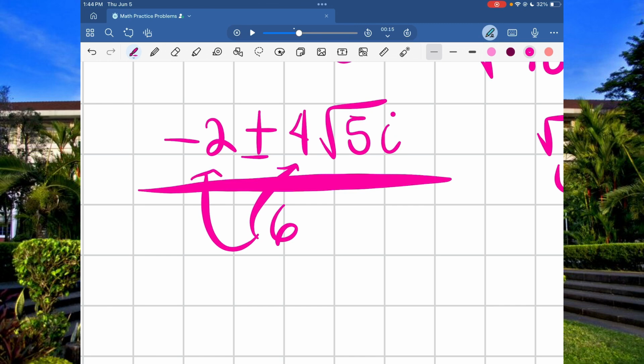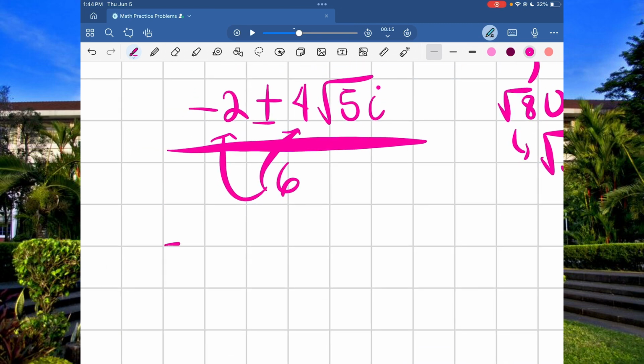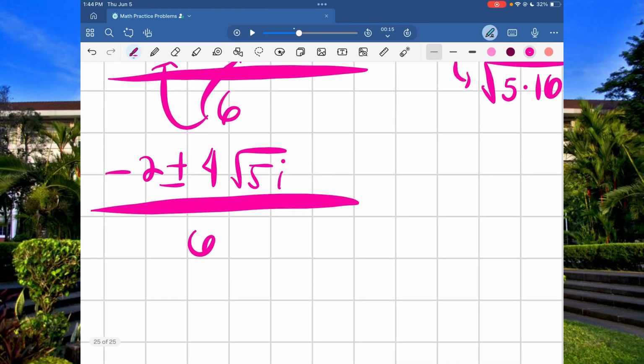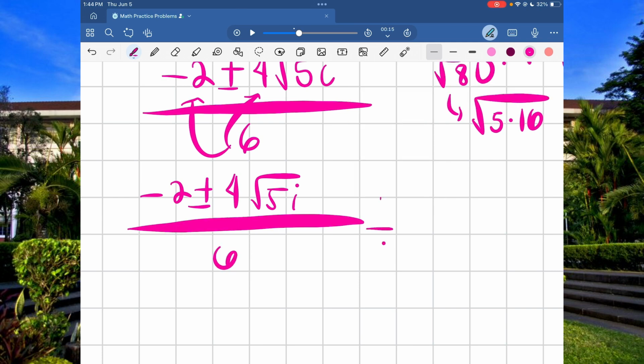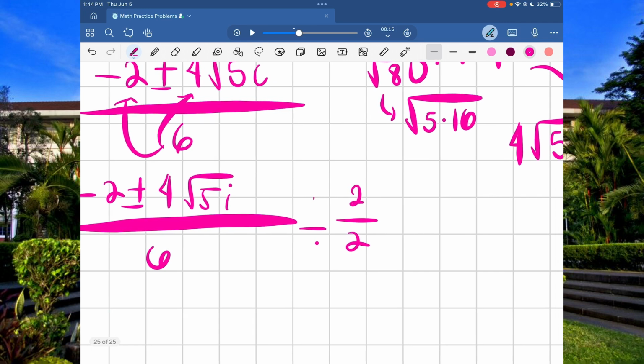We can't divide 6 from them, so we're just going to simplify it by dividing by 2.